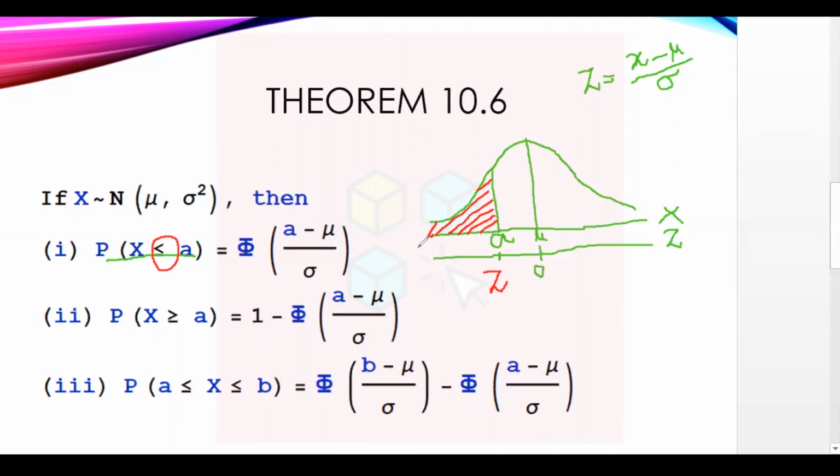In our case, here is in both scales, here minus infinity, and on right side it's plus infinity. Also on the z scale there is plus infinity on the right side, and on the left side it is always minus infinity. So shaded area will be from minus infinity to A, and we can use area table of standardized variable once we get the value of this z by using this expression.